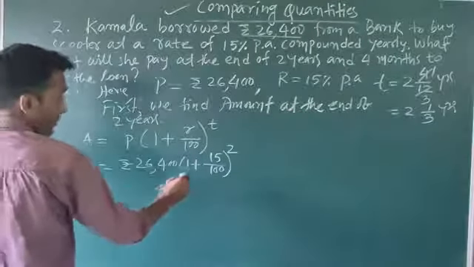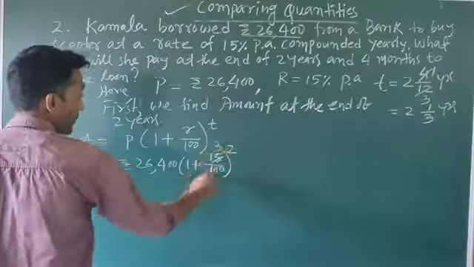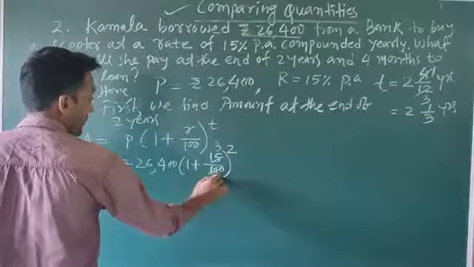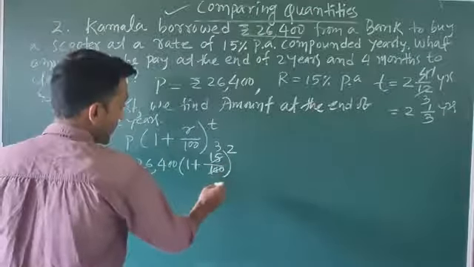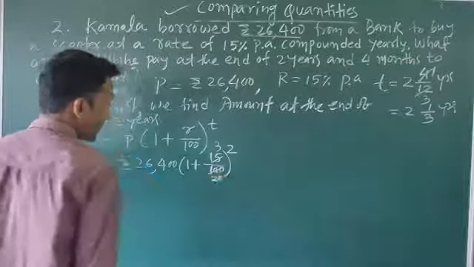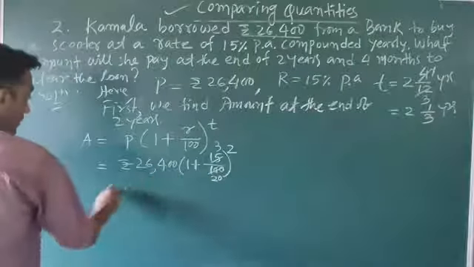Now we know 3 fives are 15, 5 twenties are 100.